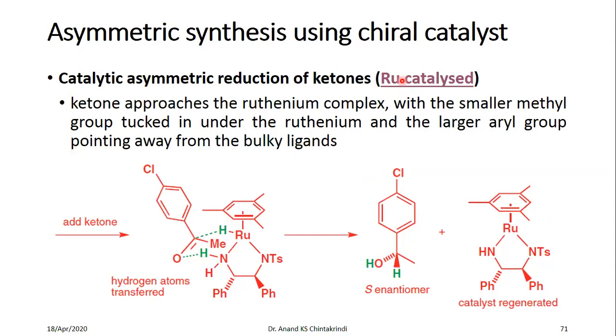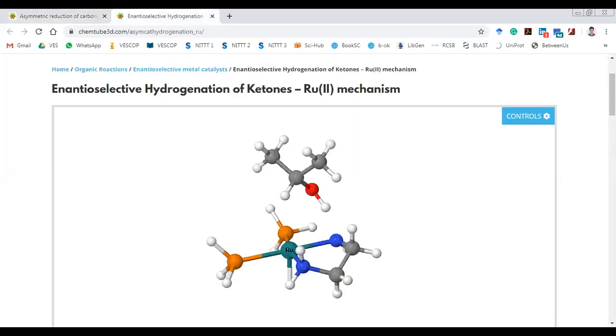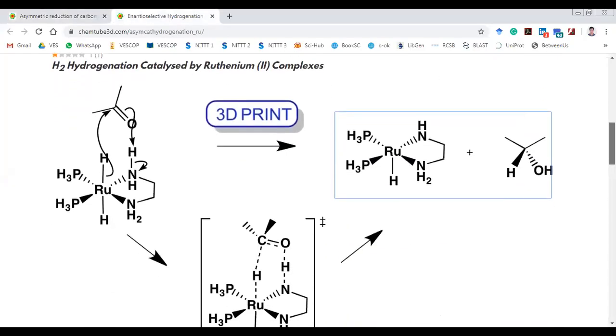Let us look at the 3D version of this. So we'll click this hyperlink here, and it will take us to the browser window. The example here is slightly different, wherein you do not have an asymmetric ketone.